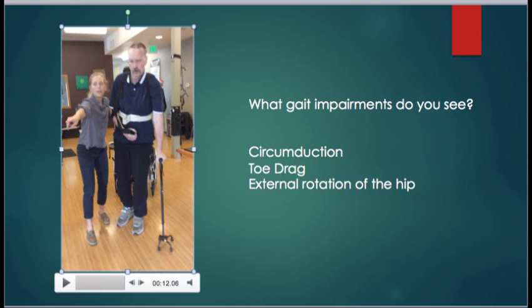This is an important component to address as this patient may be at a higher risk for falls. In thinking back to our previous slides, we know that flaccidity of the dorsiflexors is a common impairment following stroke and can lead to impairments like toe drag during gait. This patient would be a good candidate for possibly using some bracing to allow him to walk more efficiently and safely. Along with toe drag, we also see some circumduction and external rotation of the hip in order to clear the limb and bring it through swing phase.